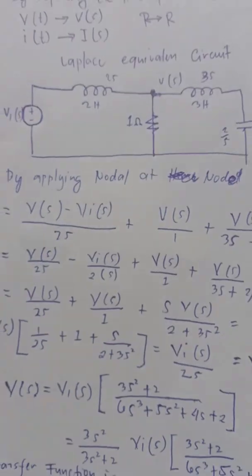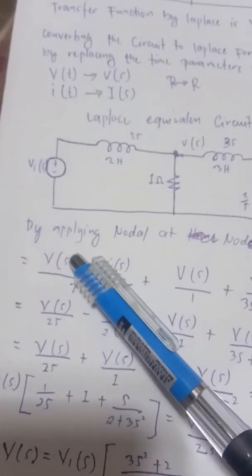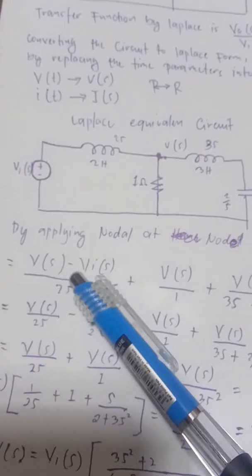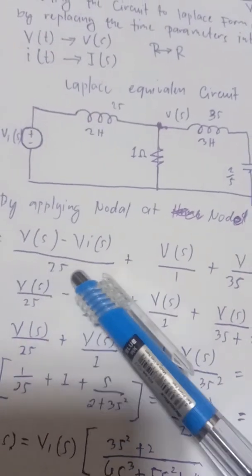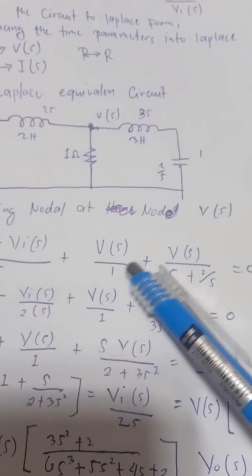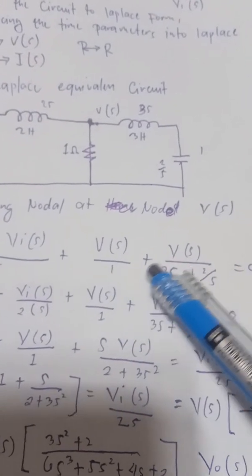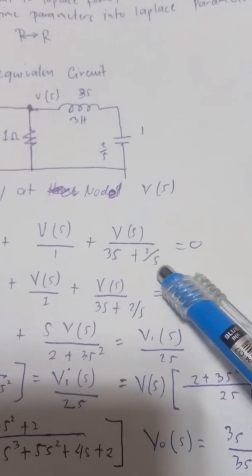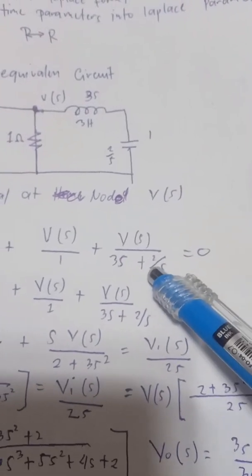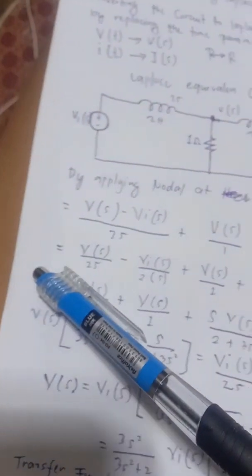This is the solving: V(s) minus Vi(s) over 2s plus V(s) over 1 plus V(s) over 3s plus 2 over 5 equals 0.